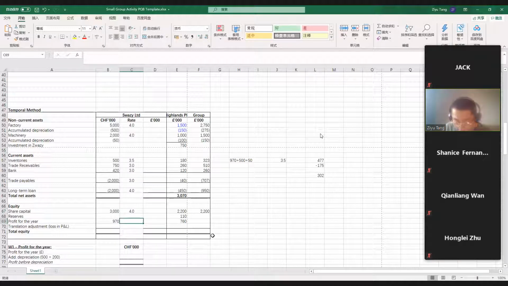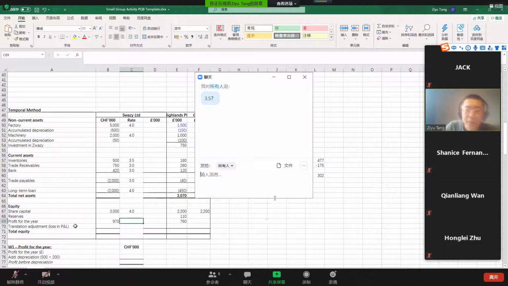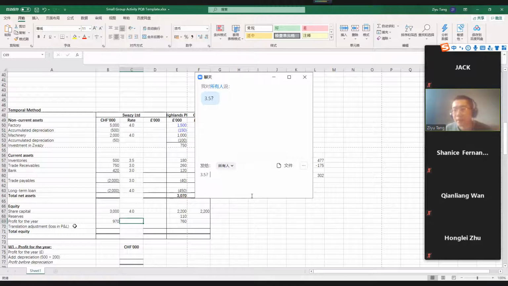And profit for the year. So this is also hard. Following the discussion of inventory, which rate do we need to use to calculate the profit for the year? Anyone tell me? It has a very similar concept to inventory, so 3.5, yes.